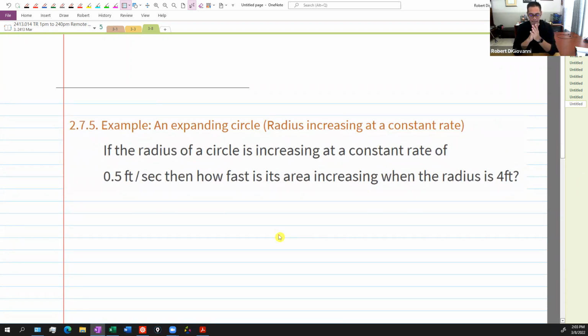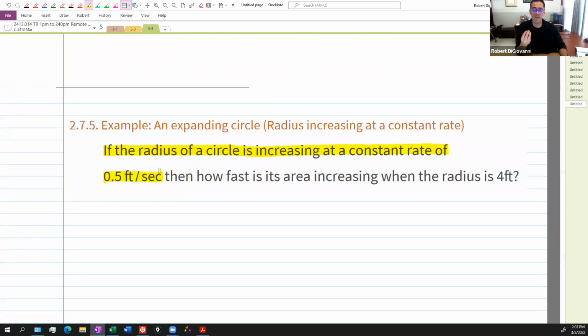All right. So let's wrap our heads around a few things in here. The radius of a circle is increasing at a constant rate of 0.5 feet per second. Everything in yellow is information that they're giving to us, right?